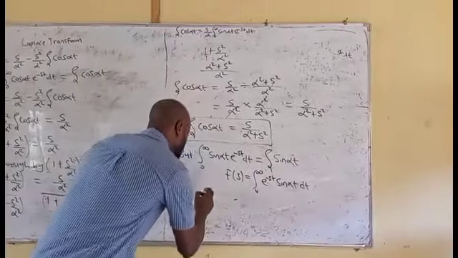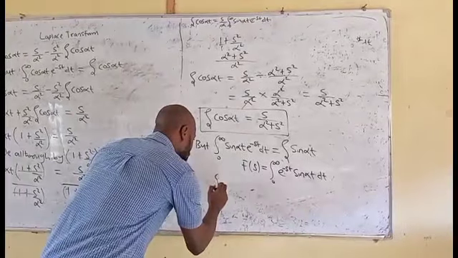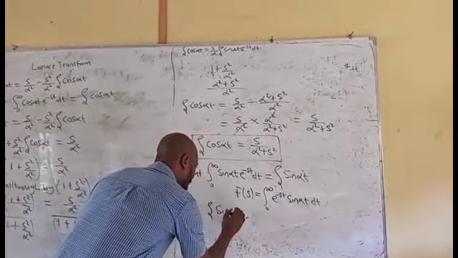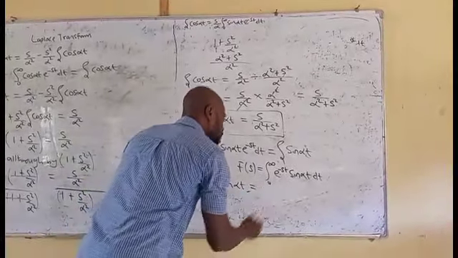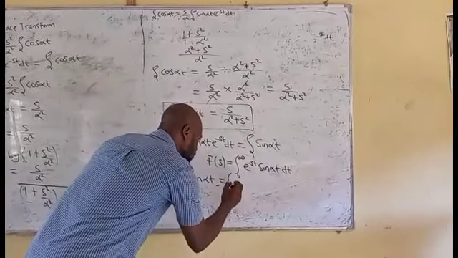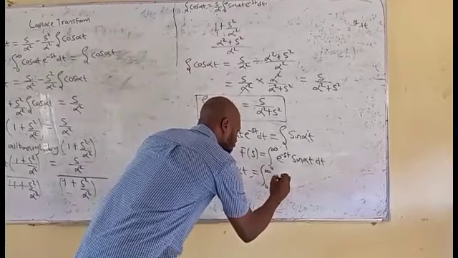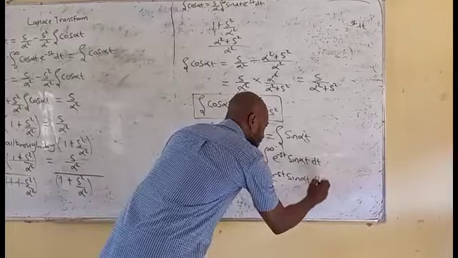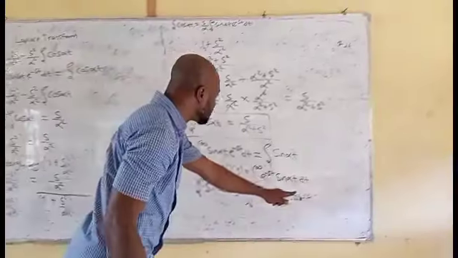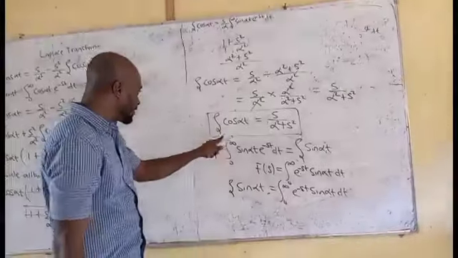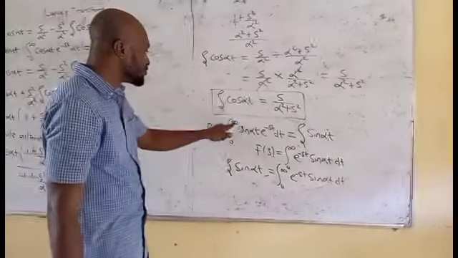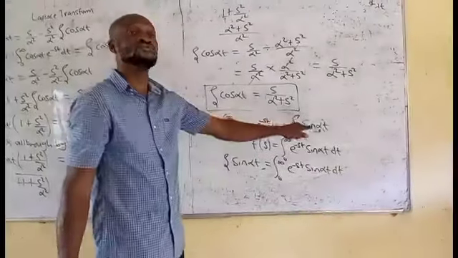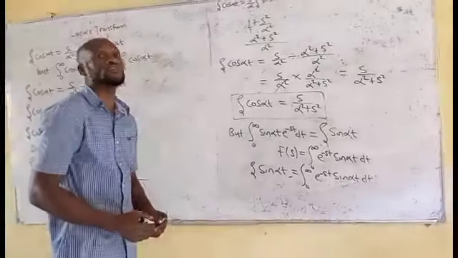So the Laplace transformation of sine alpha t will give you this integral from 0 to infinity of exponential minus st sine alpha t dt. The reason I'm writing this is for you to know that the integral from 0 to infinity of sine alpha t times exponential minus st dt will give you the Laplace transformation of sine wt.